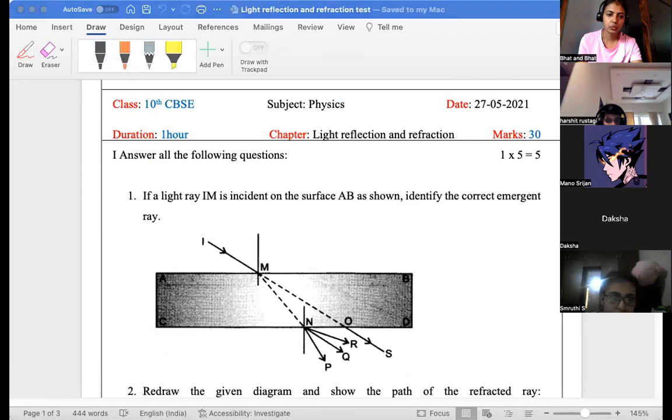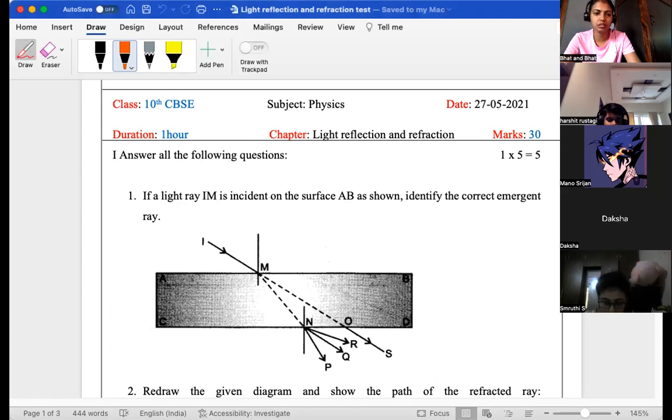Okay. Now, NQ is correct. See this, what is that? IM. This is the screen. You can see the cursor.